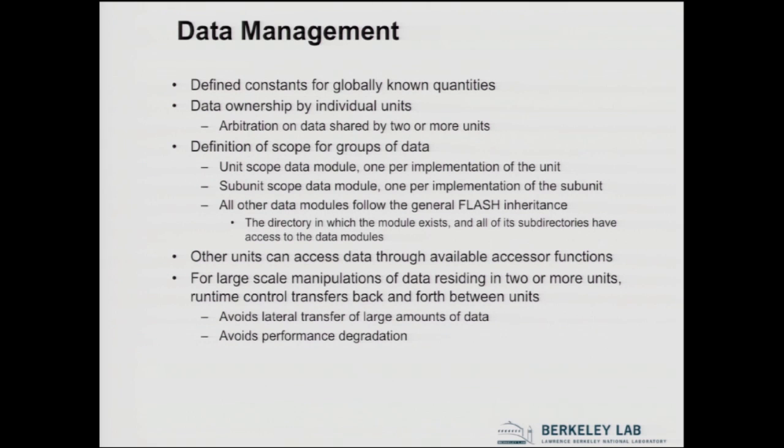So it's a recursive replacement form of inheritance, and in the data modules that same inheritance applies: all of the data defined at the parent directory is visible to the child directory, but everything defined in the child directory is not visible to the parent directory.